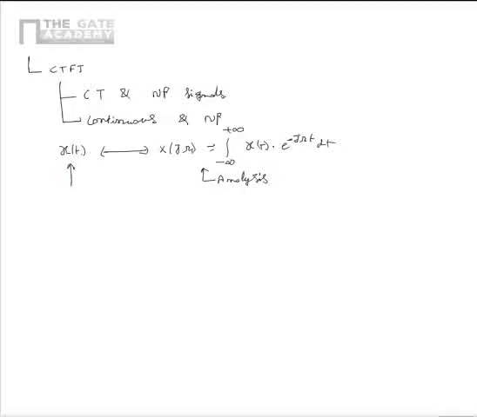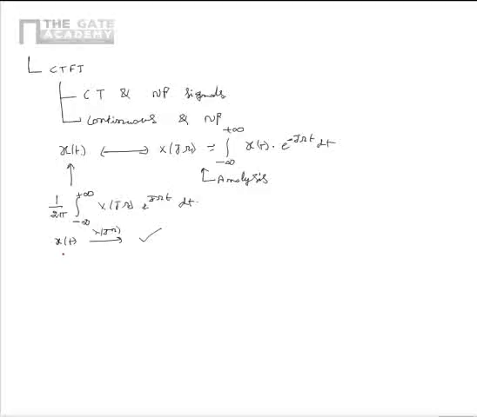Similarly, the synthesis equation, that is to get x of t from x of j omega, is written as 1 by 2 pi integral minus infinity to plus infinity x of j omega multiplied by e power j omega t d omega.